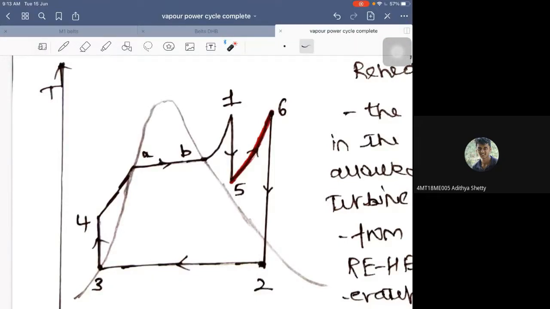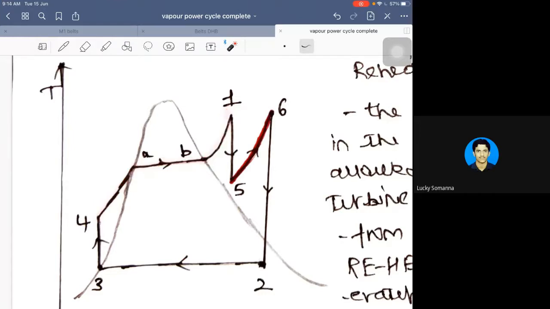So what is 3 to 4? Pumping is done, so water. This is the pumping work where you increase the pressure. Once 3 to 4 pumping is done, 4 to A, A to B, and B to 1 are the heat addition processes applied in three different phases in three different equipments.